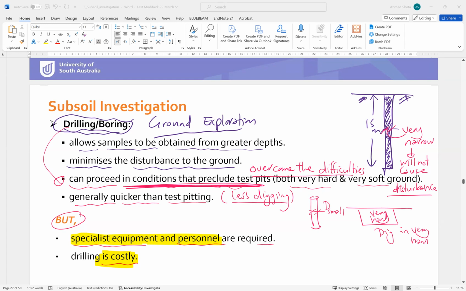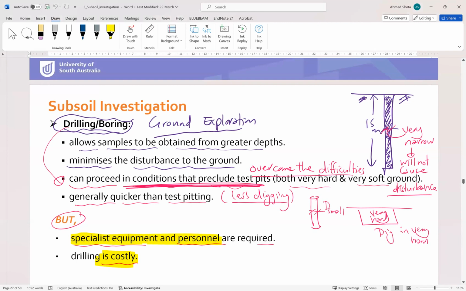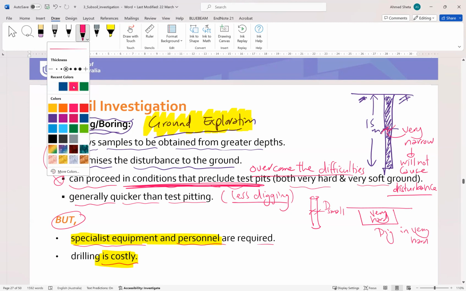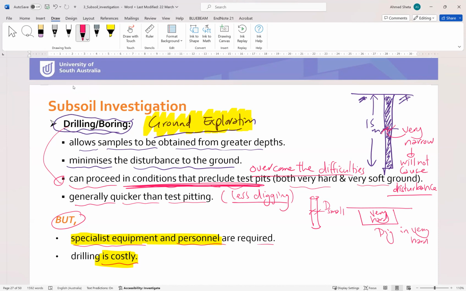Last week, if you remember, the last slide was about drilling and boring, which was one of the ways to do some ground exploration. In this slide, we explained how to make drilling or boring to extract the soil, which allows samples to be obtained from greater depths and minimizes the disturbance to the ground, which is one of the important advantages.